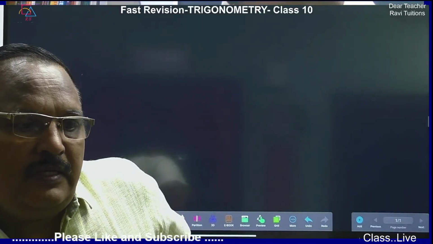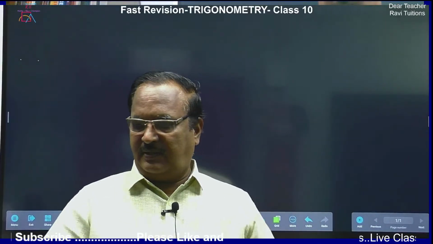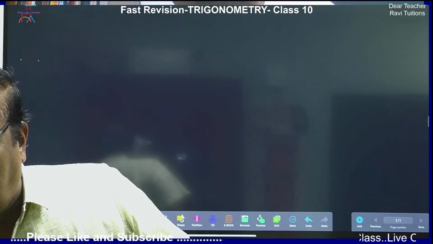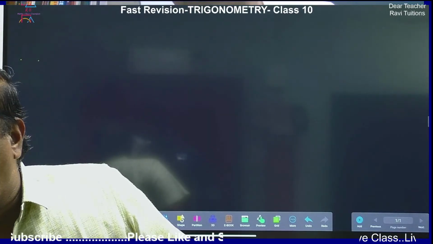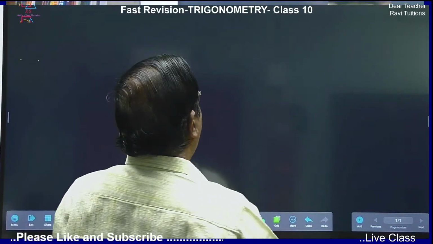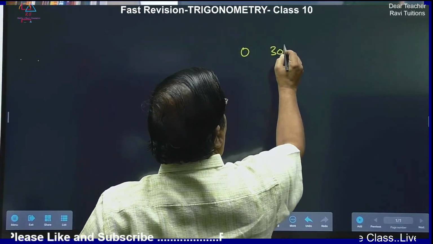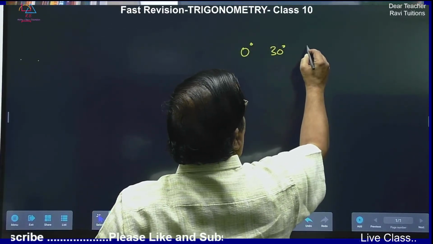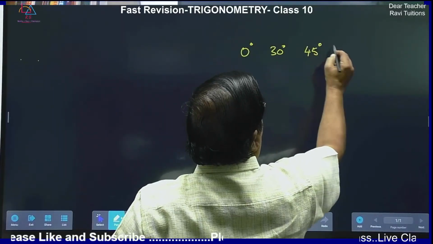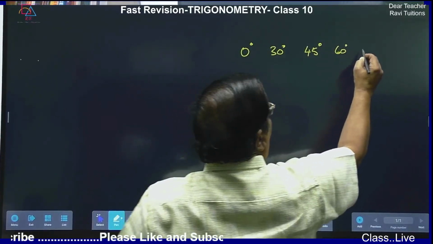So, trigonometric ratios of specific angles, I will explain first, and then I am going to do some problems from the RD Sharma book. Now we are going to learn 0 degrees, 30 degrees, 45 degrees, 60 degrees, and 90 degrees.